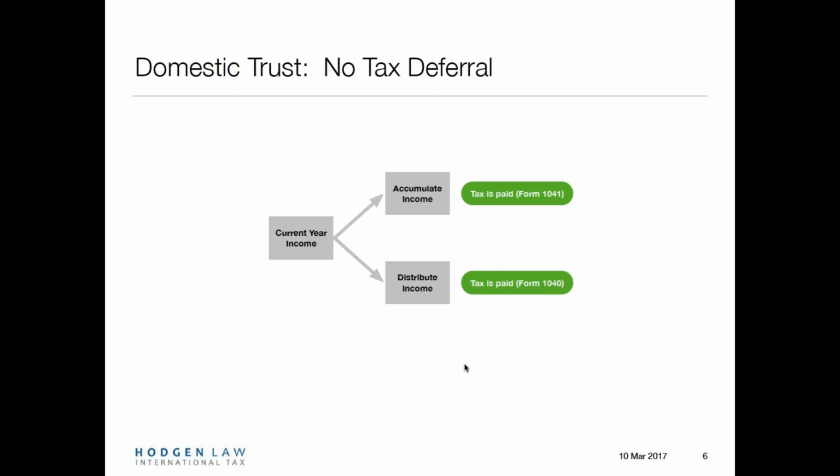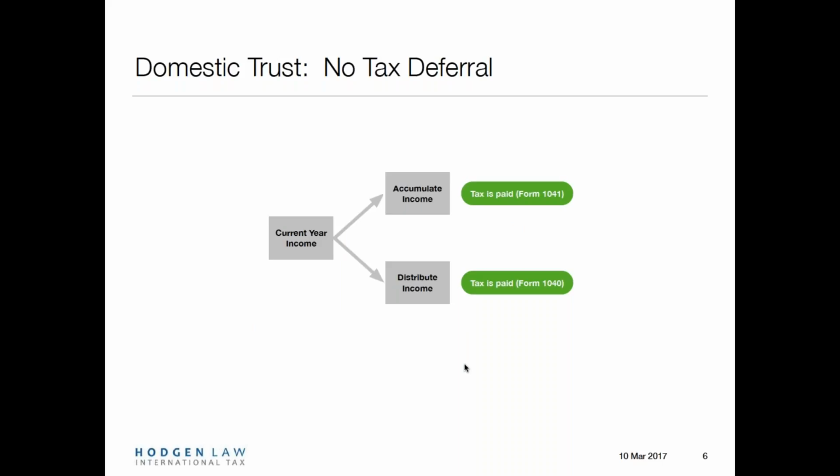The second thing, why we have these special rules for distributions from foreign non-grantor trusts to U.S. beneficiaries, is tax deferral. If you look at a domestic trust, it receives income in the current year. The trustee is going to have a choice to either accumulate the income or distribute the income.